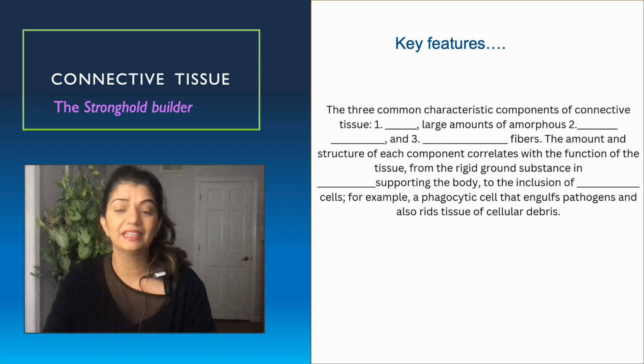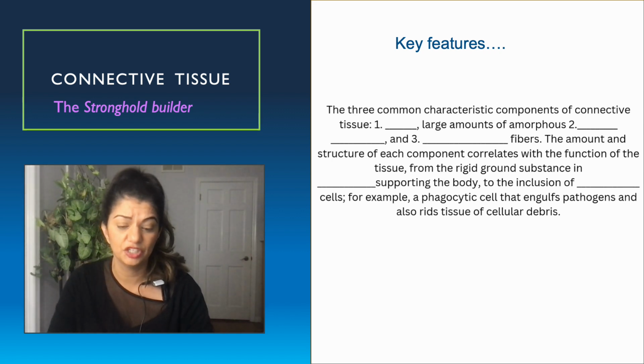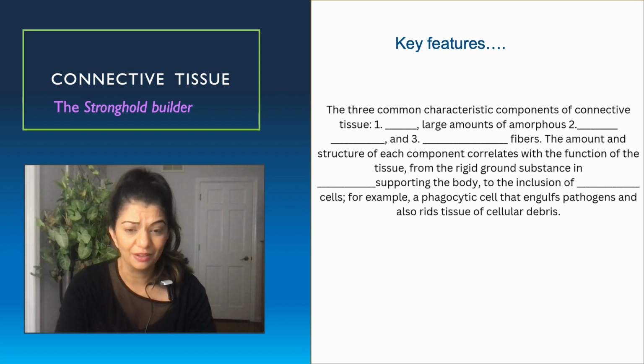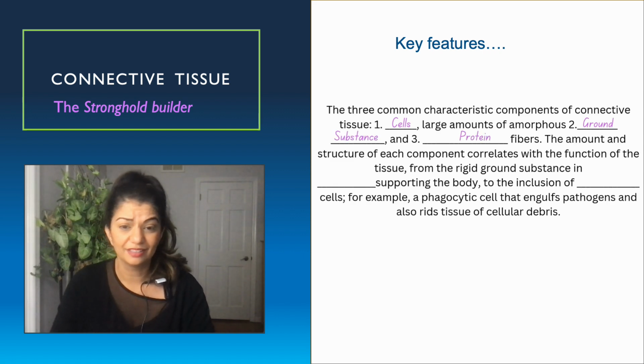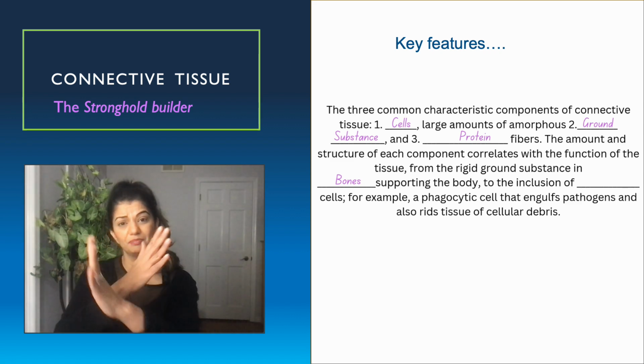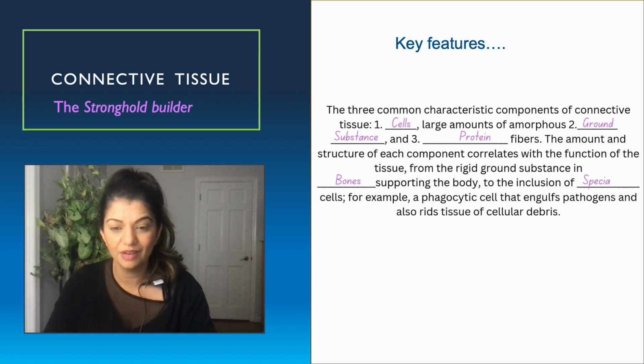But there are three common characteristics that are found in connective tissue. First, obviously, is going to be cells, and then we also have something called ground substance, and this is going to depend on where the cell is located as to how much it has. It also has protein fibers, and these are going to be crisscrossed to provide extra strength.